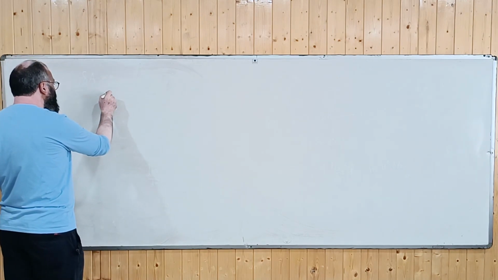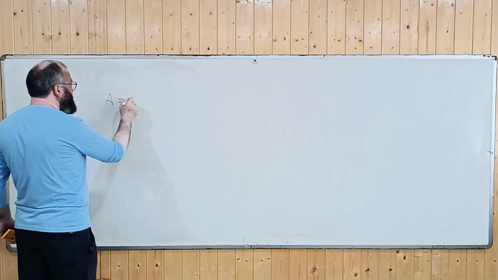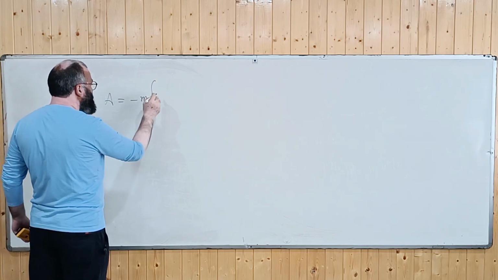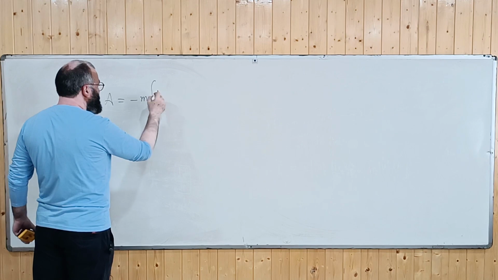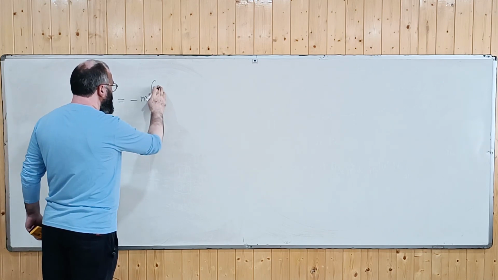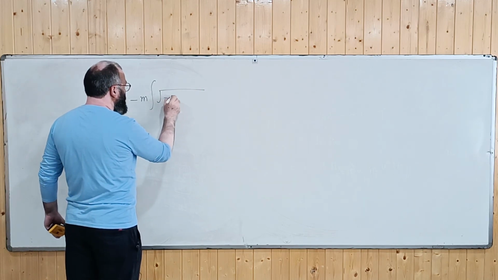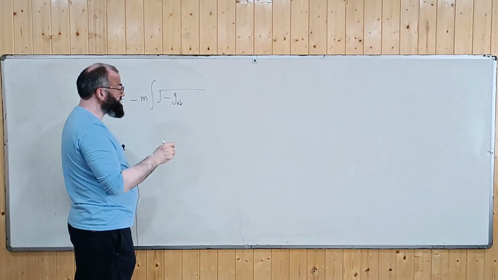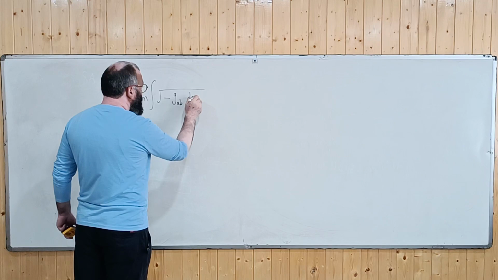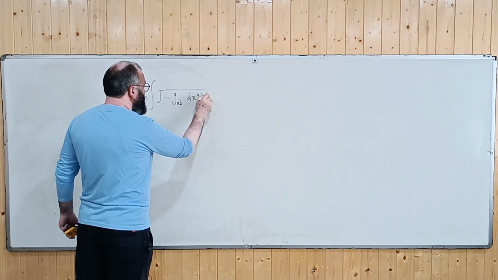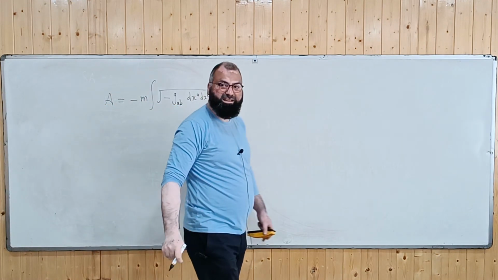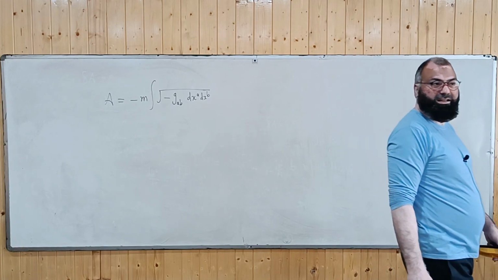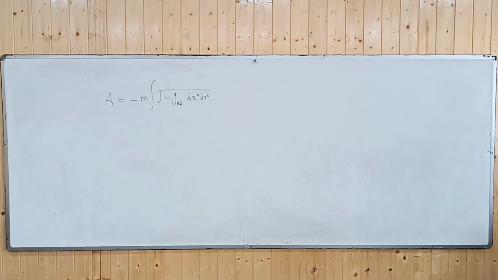So we generalize the action to the curved space, with the square root of minus g_ab, which is now dependent on x, so d^4x.